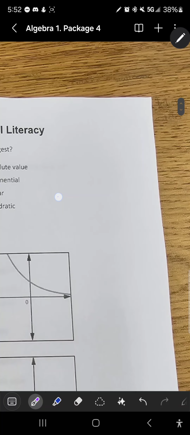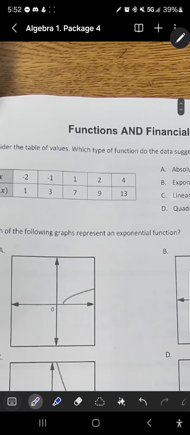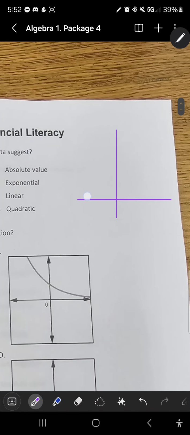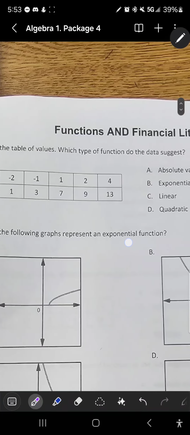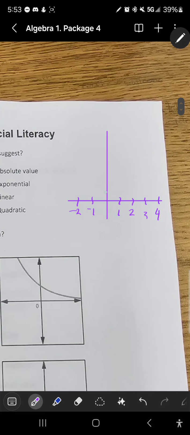I'm gonna do it right here. It's going from -2 to 4, so -2, -1, 1, 2, 3, 4. And then it goes up to 13. So I'm going to go by 2s: 2, 4, 6, 8, 10, 12, 14.